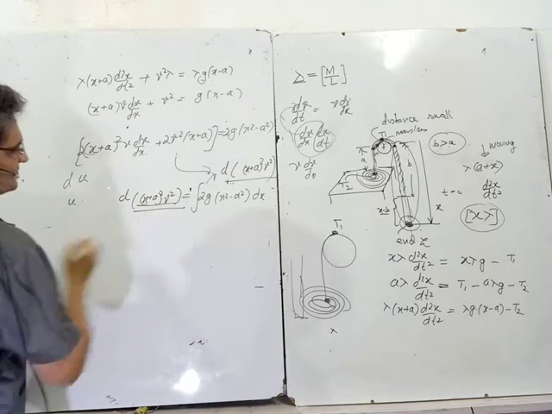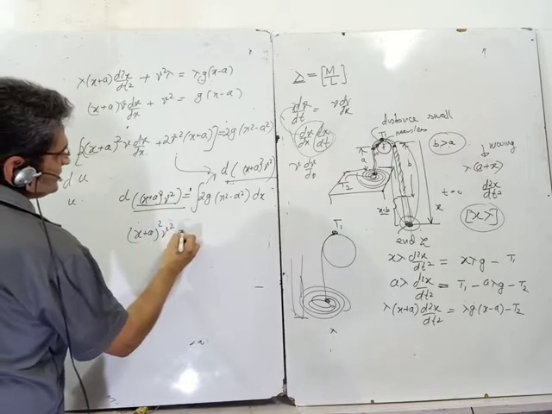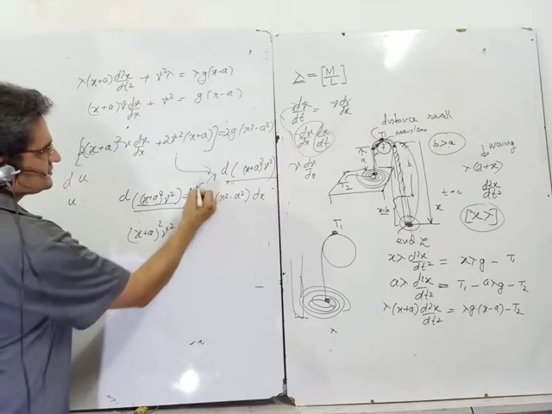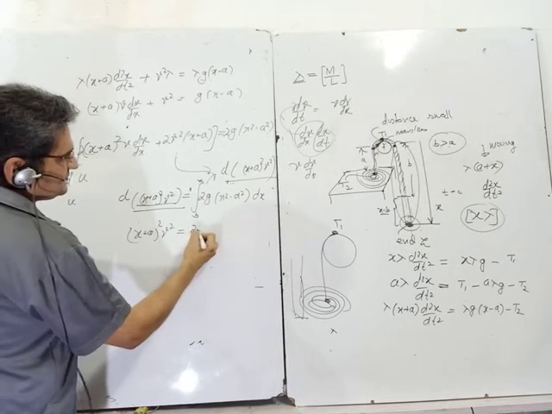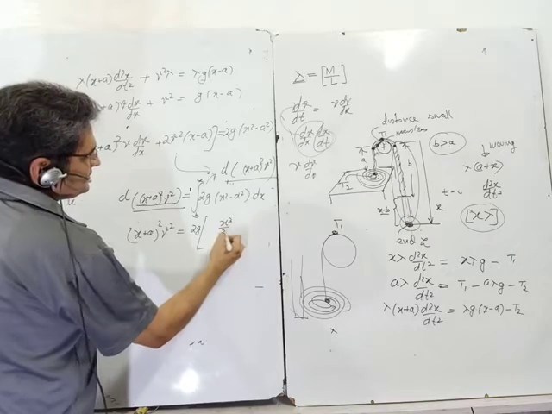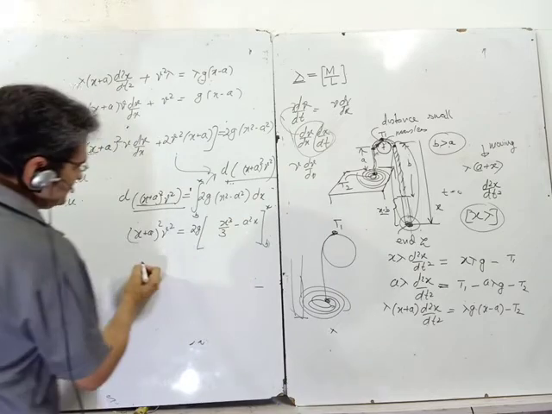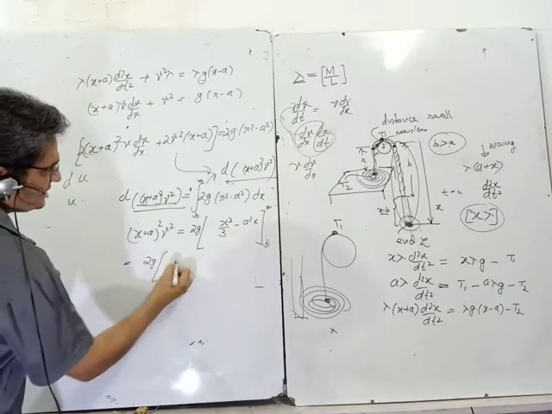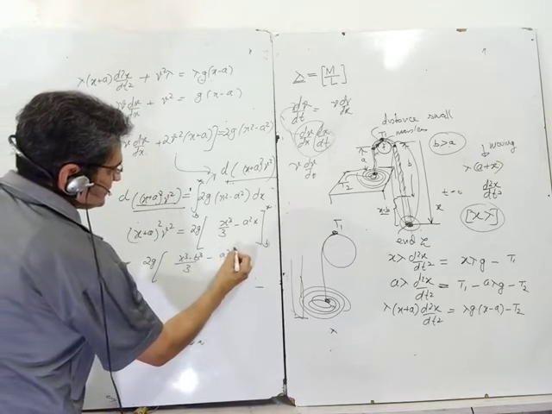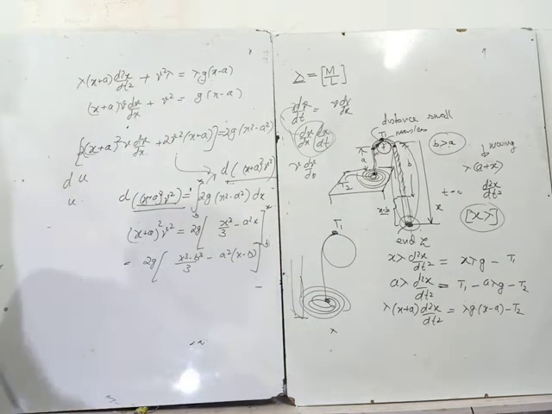So it is (x plus a) whole square v square is equal to, and this side when I integrate, x varies from b to x. So I get twice g common, x cube upon 3 minus a square x, put limit from b to x. So it becomes twice g times (x cube minus b cube) upon 3 minus a square into (x minus b) is what I get after putting the limits.